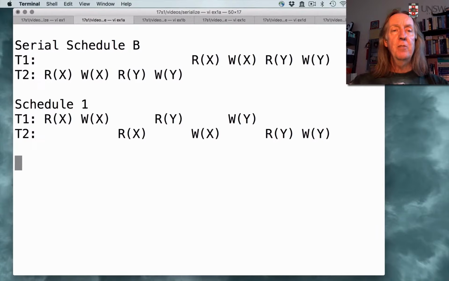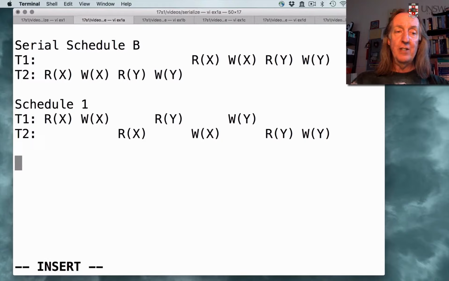To determine whether schedule 1 is view serializable, we need to check whether it's view equivalent to either of the serial schedules. So we'll start by comparing it to serial schedule B. What we need to check is, first of all, who reads and who writes the various values of the variables.